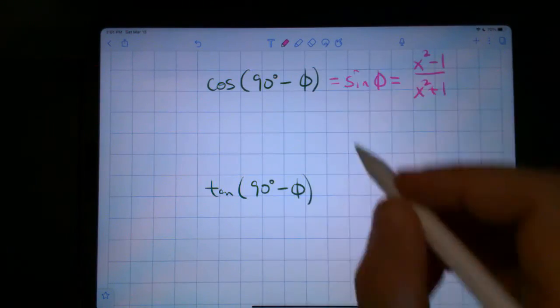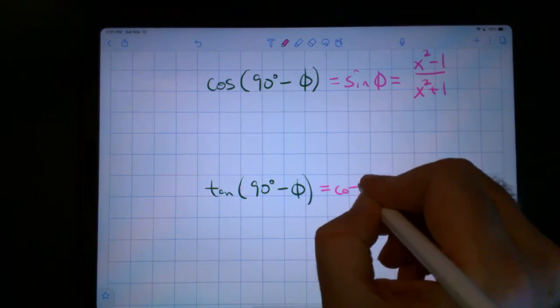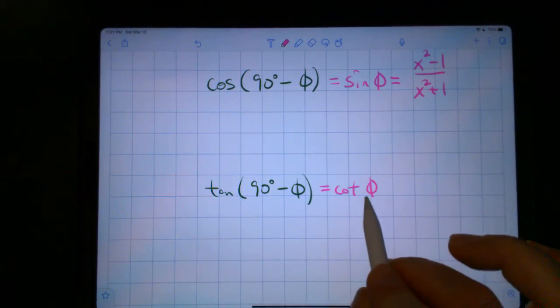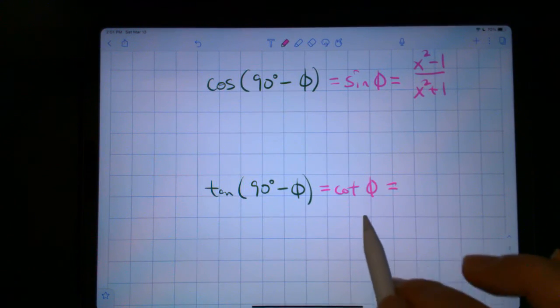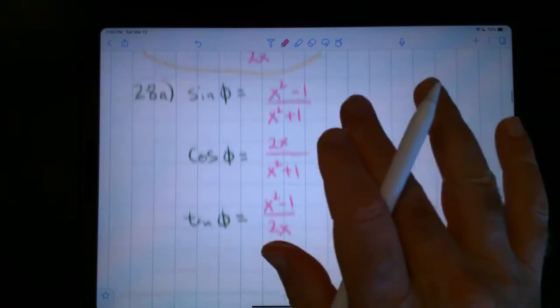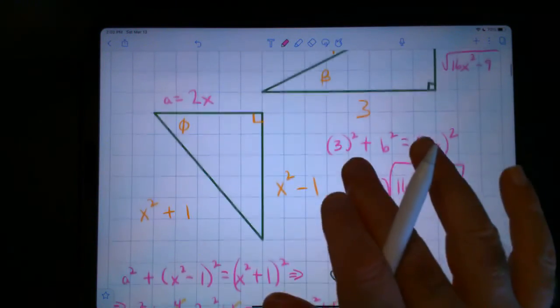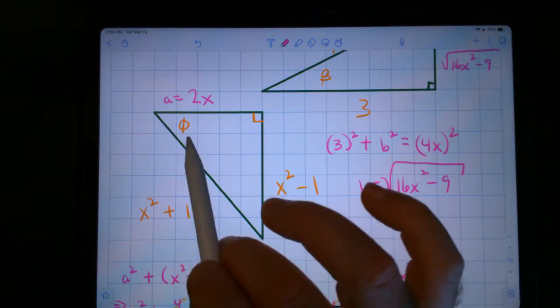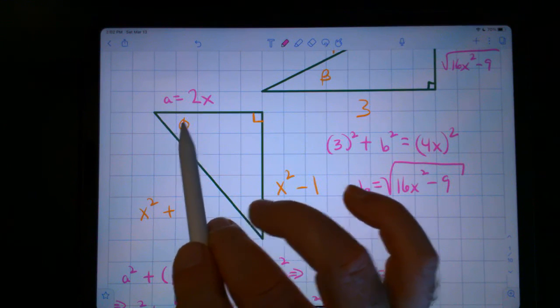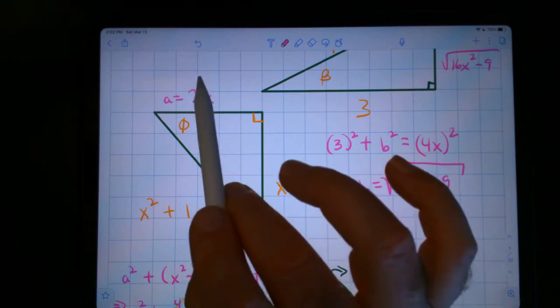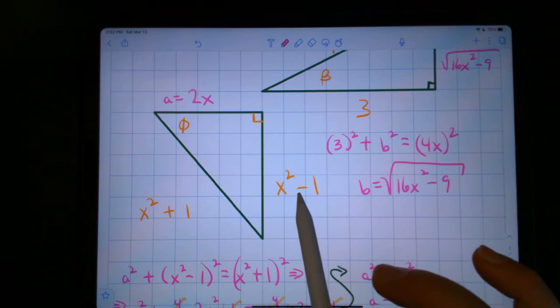And so this is the same thing as cotangent of phi. Cotangent is your cosine over sine, your x over your y. So it's the cosine over sine, it's the adjacent over opposite.